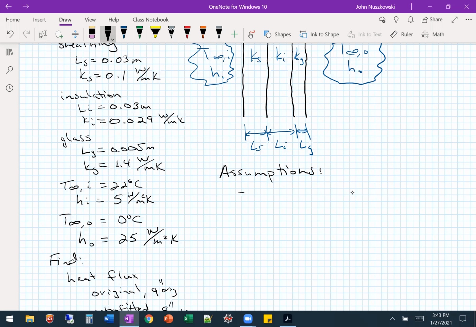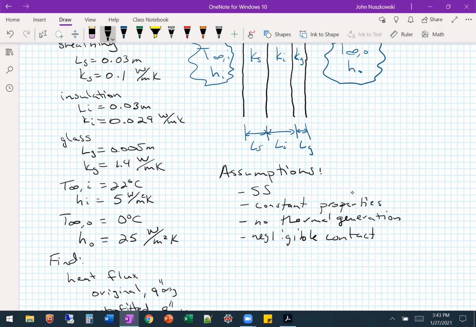Let's validate that it's steady state, constant properties, and then no thermal generation. There's negligible contact resistance between those two layers.